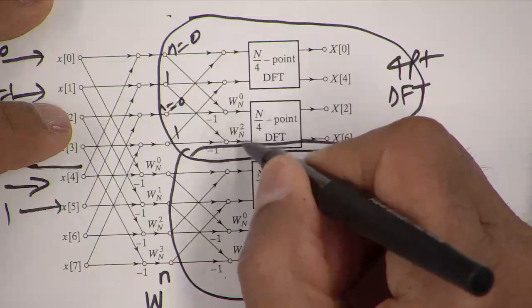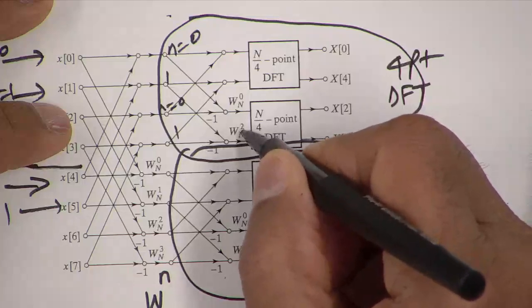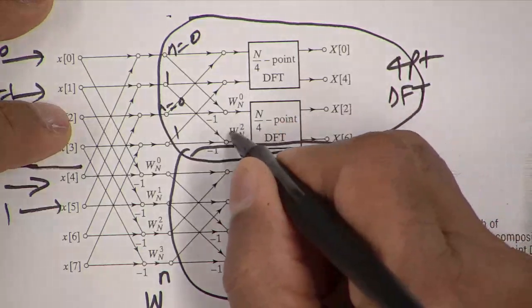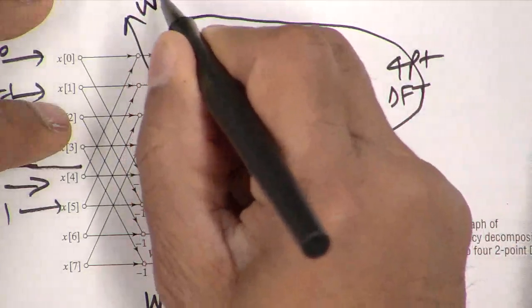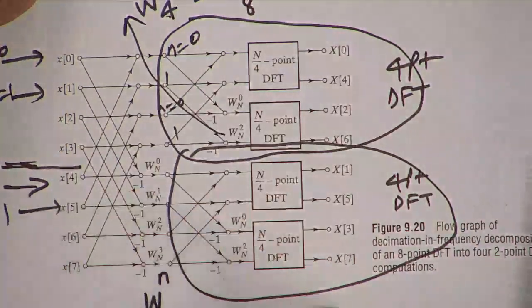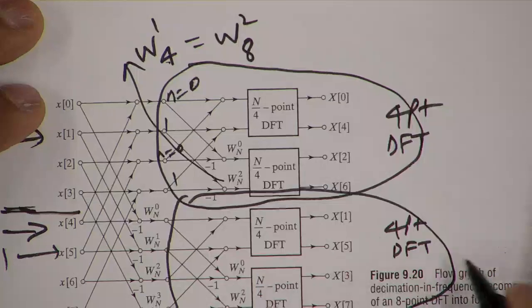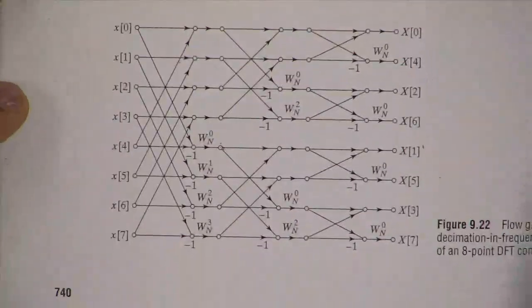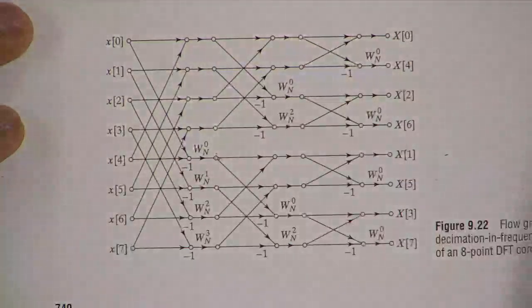I explained why, instead of writing this as W4 to the power 1, it's written with respect to the original n, W8 squared. And if you keep going through that process, that's what this finally is.